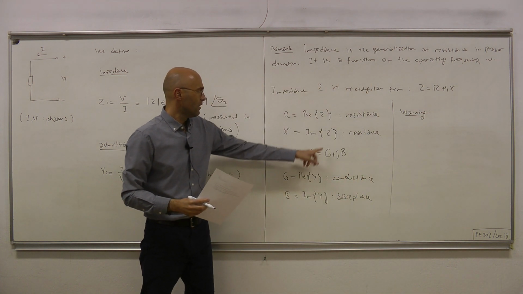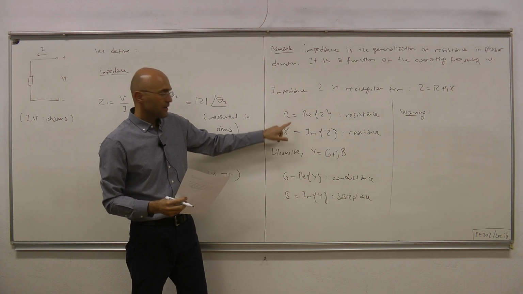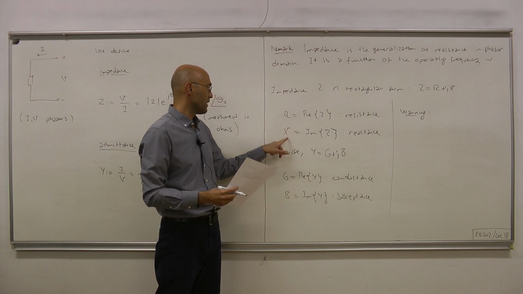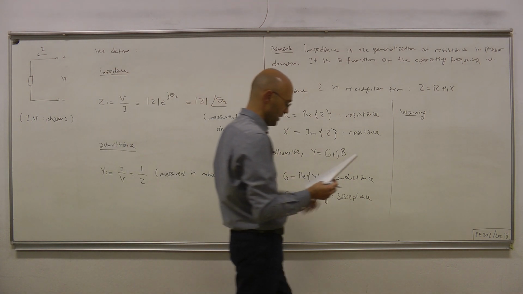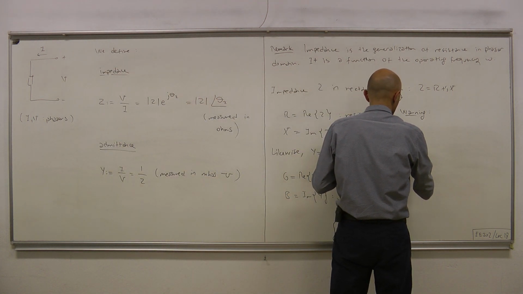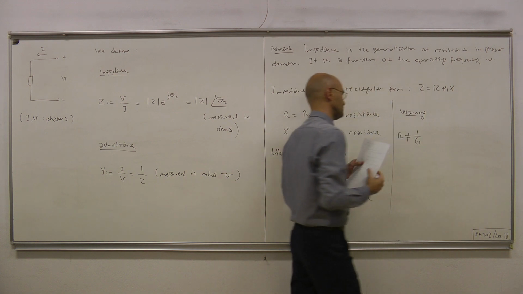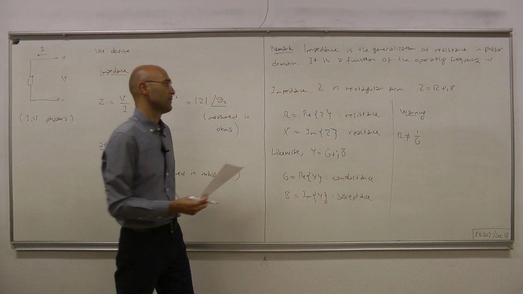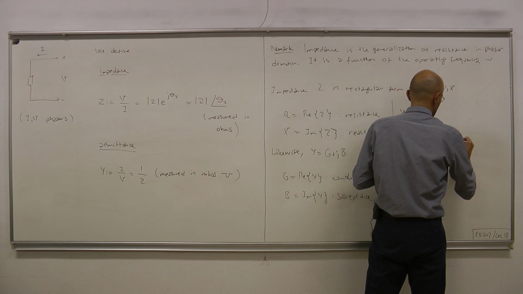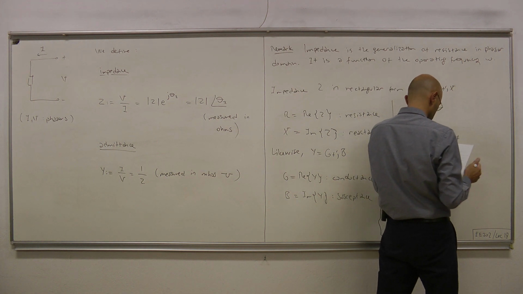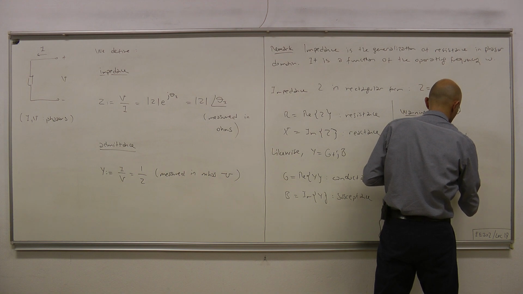In general, R is not equal to 1 over G, and X is not in general equal to 1 over B.